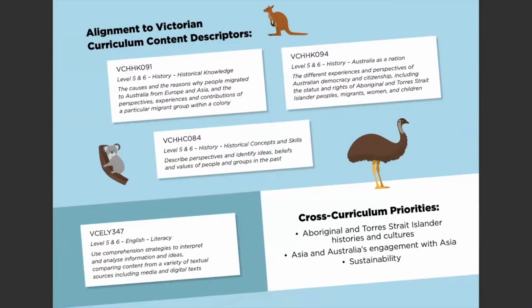So alignment to the Victorian curriculum content descriptors, I've placed 3 here that relate to history, and they focus on perspectives of people from the past and different beliefs and values of those different cultural groups and individuals. And then I've got a link to the English curriculum using comprehension to interpret and analyze information.